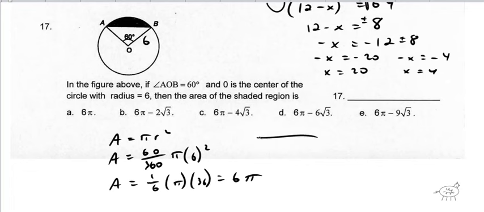Well, we know some information about the triangle. First of all, it's 60 degrees. That means this guy's 30. And this is 6. It's a 30-60-90 triangle. So let's build it up a little bit bigger here.